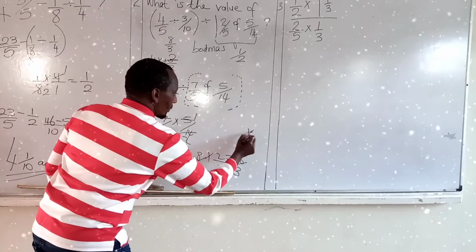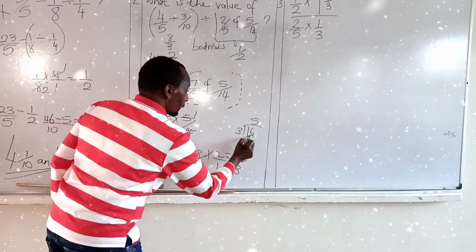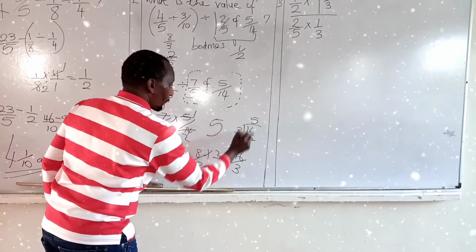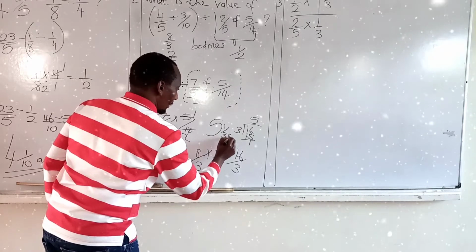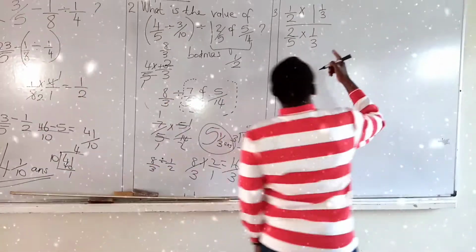Then you divide. 16 divided by 3, you get 5 because of 15, remainder 1. So your answer is 5 whole and a third. That is your answer.